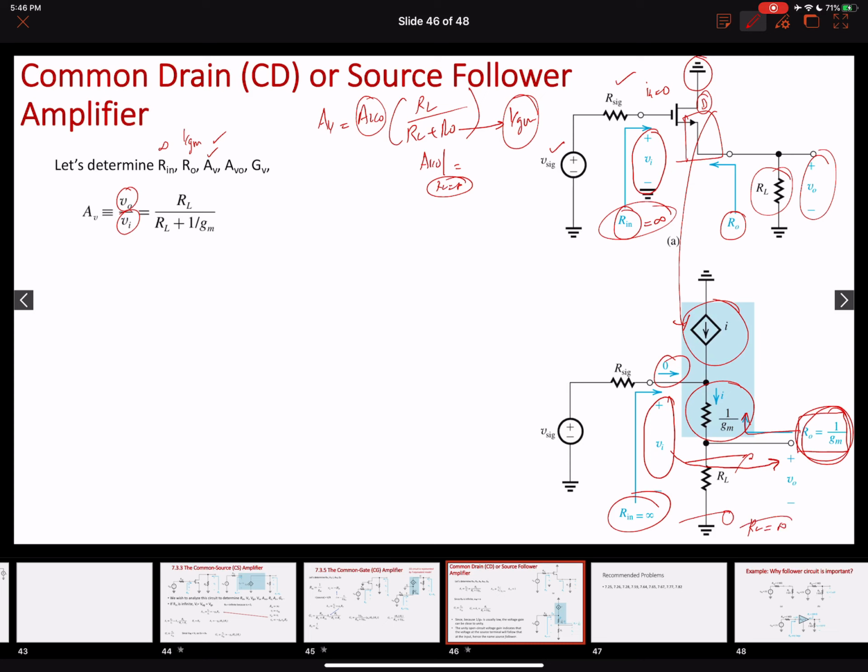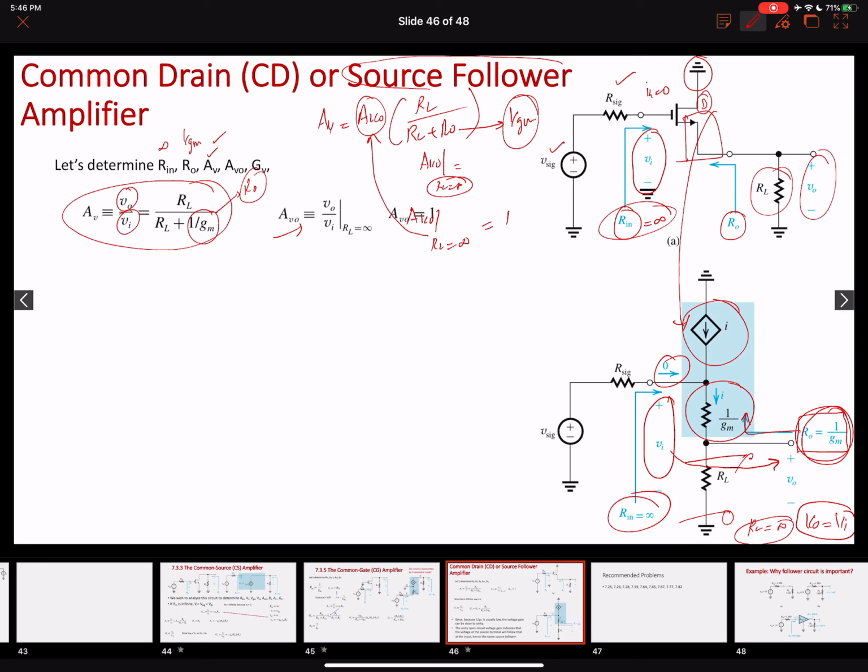When RL becomes infinite, V0 follows the input voltage VI. That is why it is also called a source follower. So our AV0 at RL equals infinity equals 1. Now we can replace this value of 1 and get down to this equation, where we replaced R0 with 1 over GM.